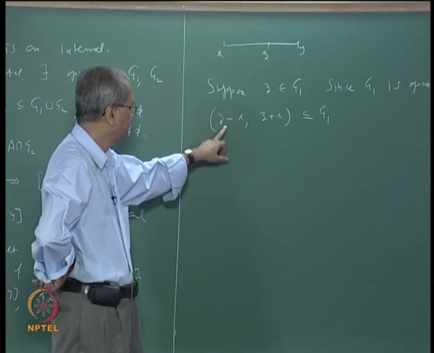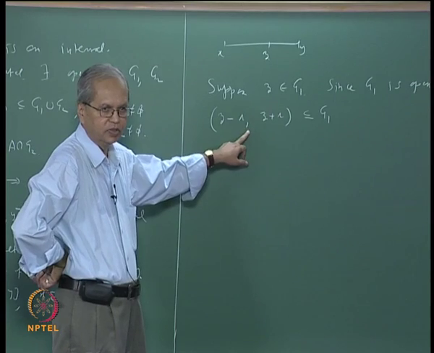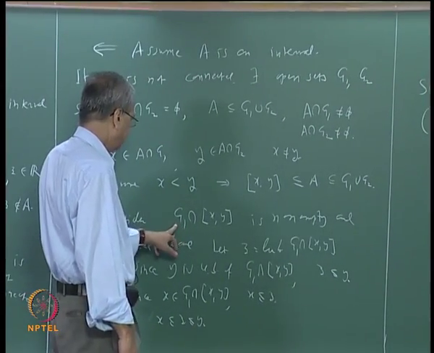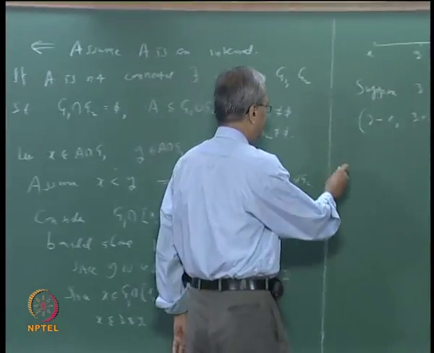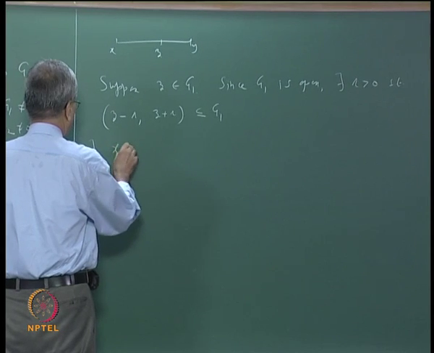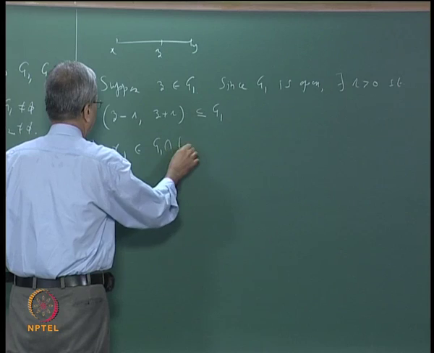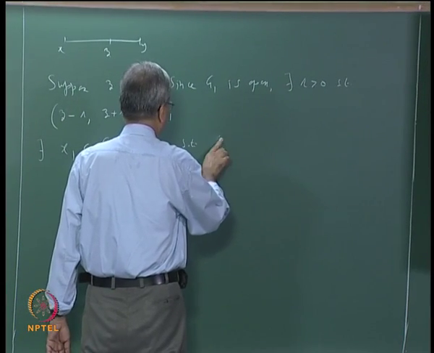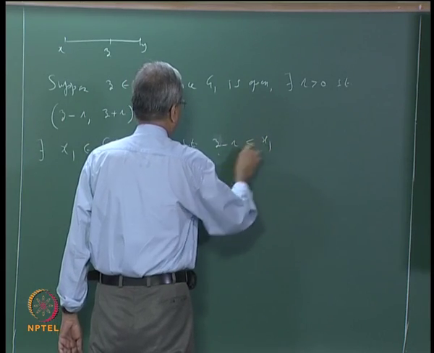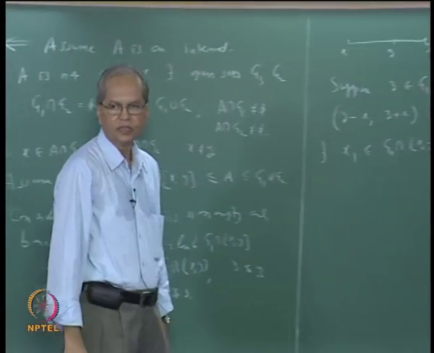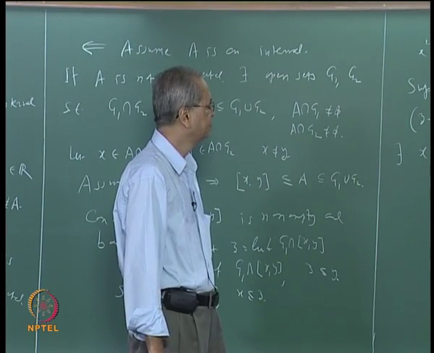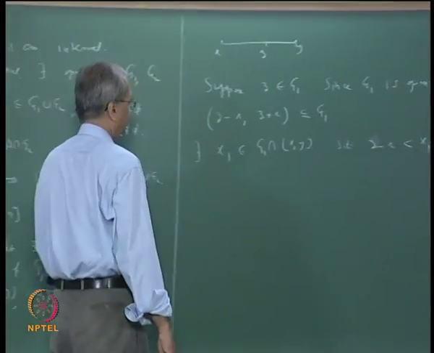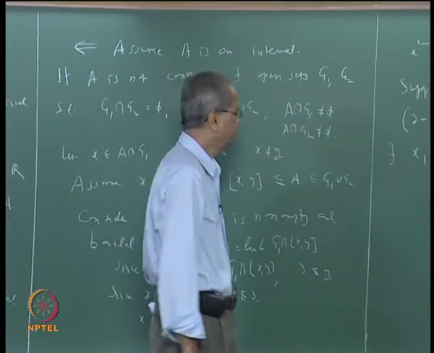So there should exist some number which is strictly bigger than Z minus R. Since Z is the least upper bound and Z minus R is strictly less than it, there exists some number, call it x1, in this set G1 intersection XY such that Z minus R is less than x1. Fine, let me leave this argument here.